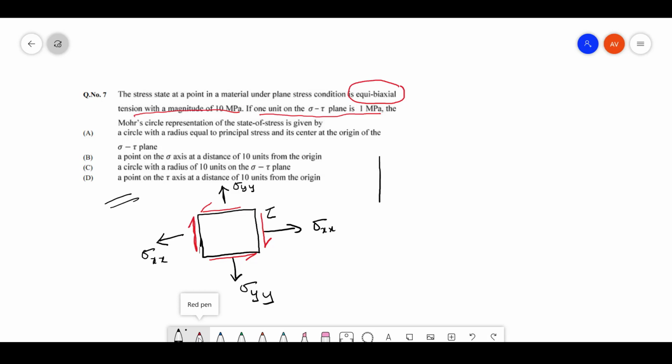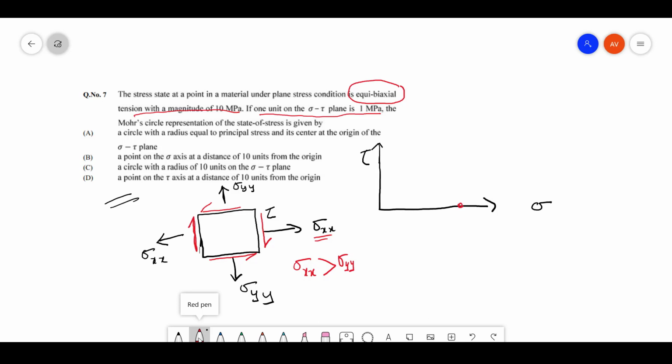So what we are going to have is your sigma plane and your tau plane. Okay, so first you plot what is sigma xx. So let's just assume that sigma xx is greater than sigma yy.